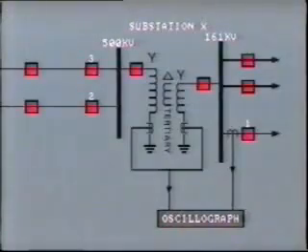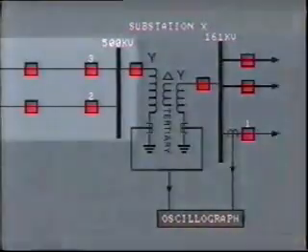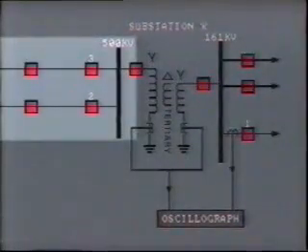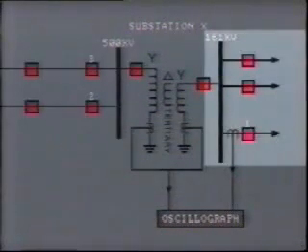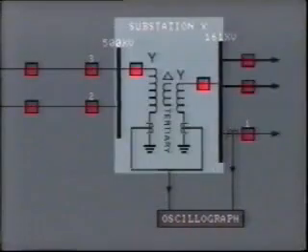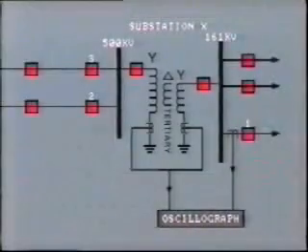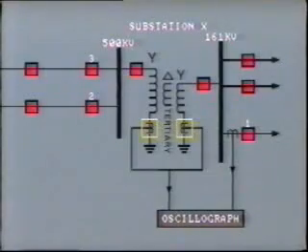In this simplified one-line diagram, a high-voltage 500 kV transmission system is connected to a 161 kV sub-transmission system through substation X. The Y transformer is equipped with CTs in the grounded neutral leads on both the high-voltage and low-voltage sides.